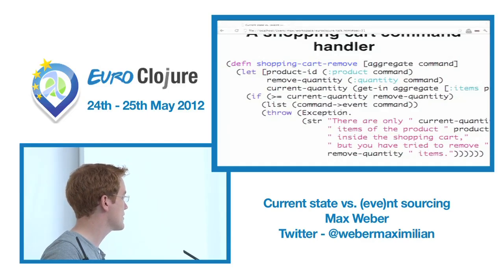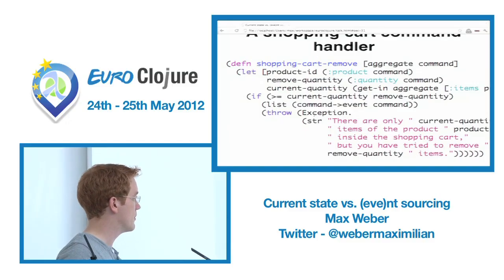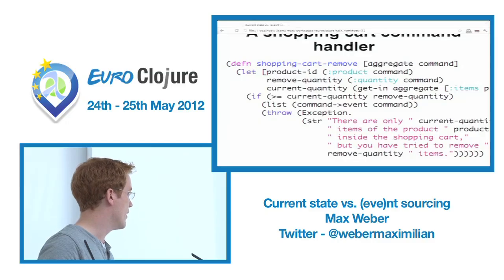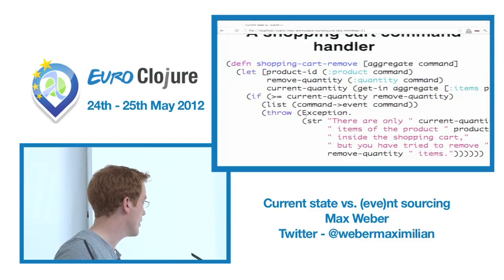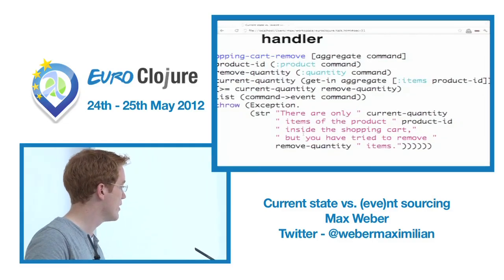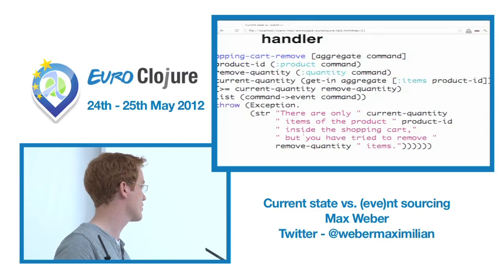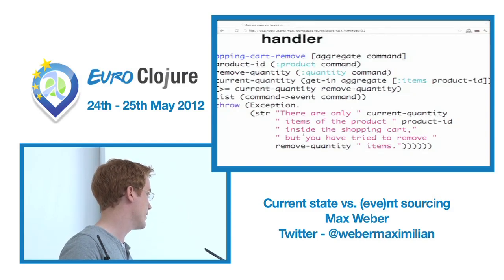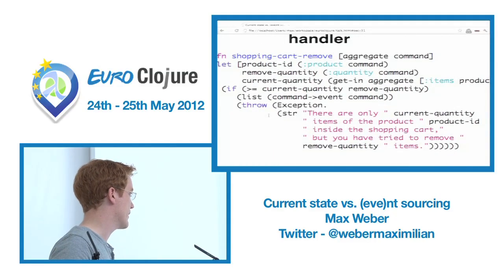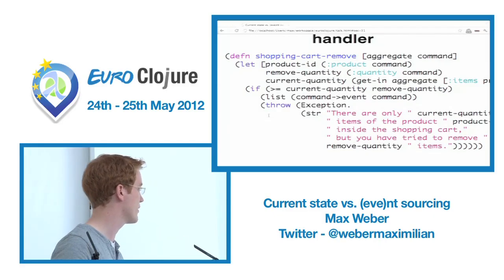And then it checks if it's okay when I remove 4 books from the existing 2 in the shopping cart, and if there are too few books inside the shopping cart, this command handler simply throws an exception which tells the user that there are not enough books inside the shopping cart to perform this action.